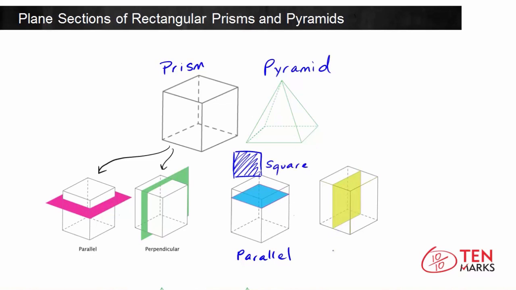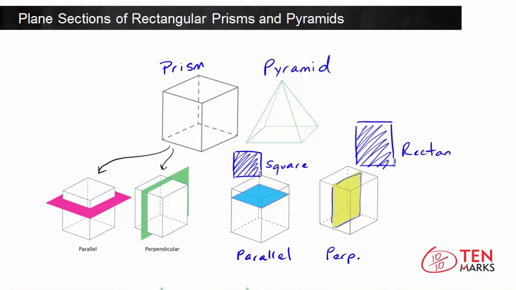Now the perpendicular cut is shown over here. And I'm just going to abbreviate this, perpendicular. Now when you make a perpendicular cut, you're going at a 90-degree angle to the base. And what you get is this yellowish green figure right here, and this is a two-dimensional figure. If you were to face this towards you, what you would get is a rectangle with the same dimensions, and it's exactly the same size as one of these faces.